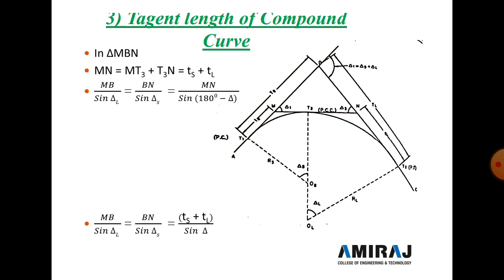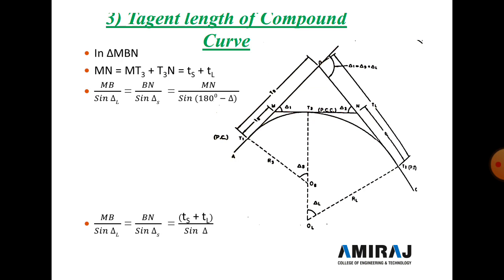We take the sine rule. MB divided by sine delta L, BN divided by sine delta S, and MN divided by sine of 180 minus delta. Clear?